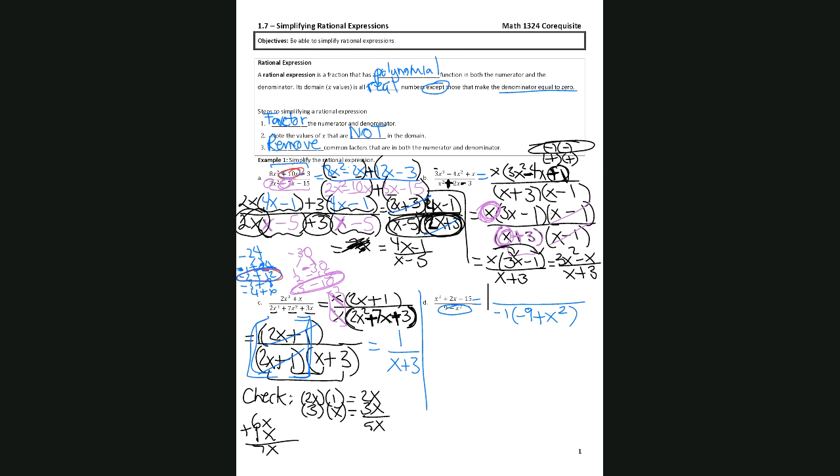Now, on the numerator, we're going to factor it as the product of two binomials. So that one is easy. We have x squared, so x and x will be our first terms for the factors. And then since this is a -15, that tells me that our signs in the middle will be one of each, a positive and a negative. Now, the factors of 15 are 1 and 15, or 3 and 5.